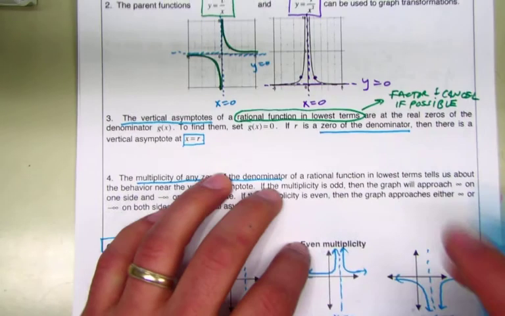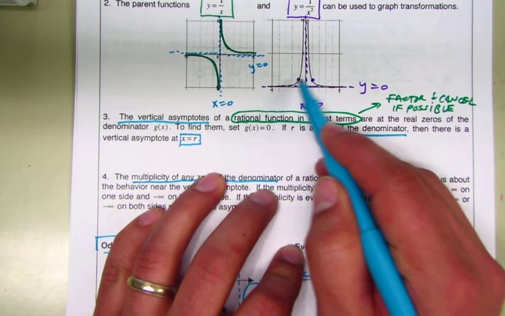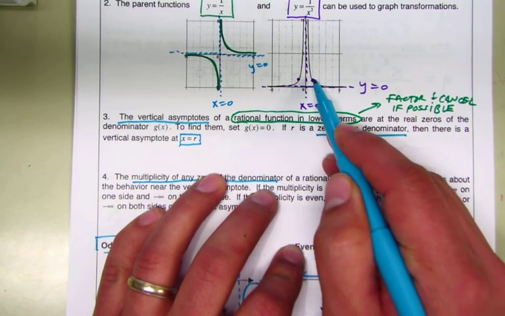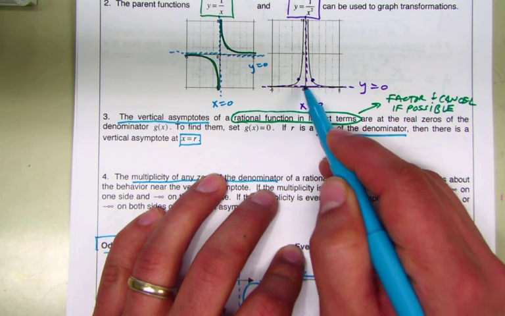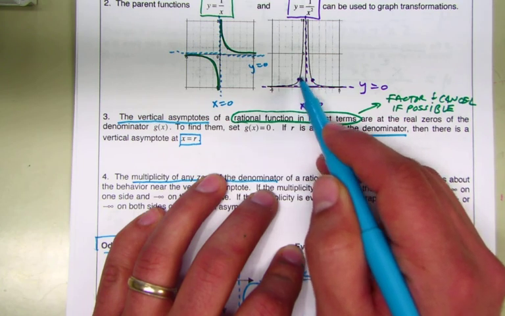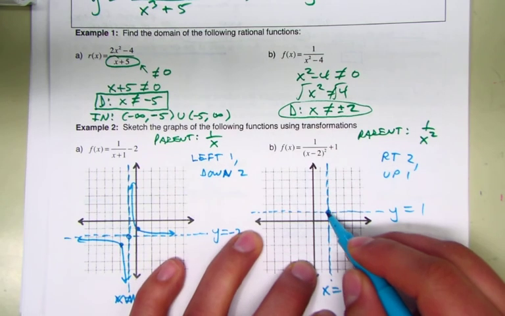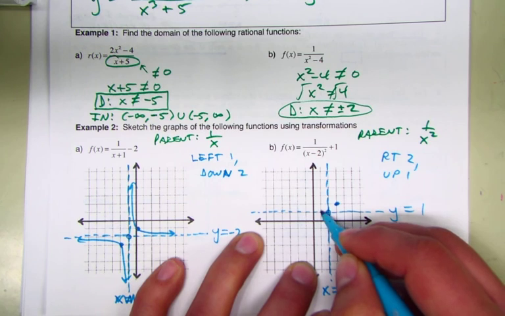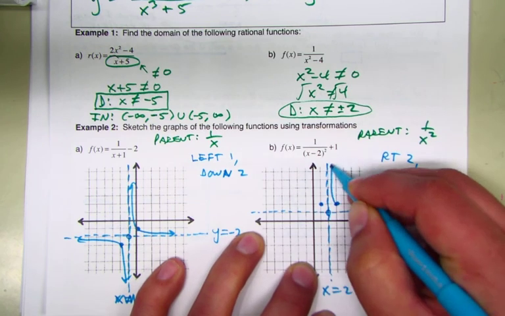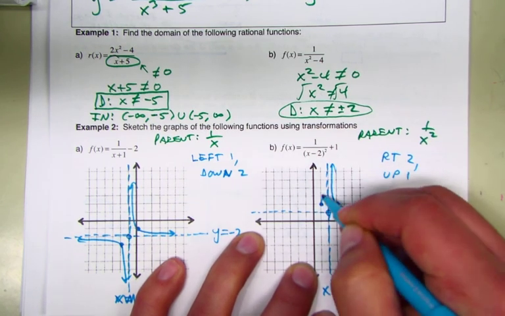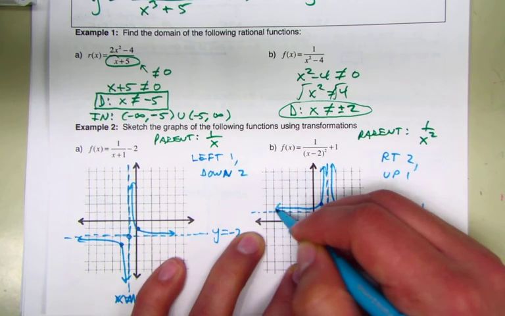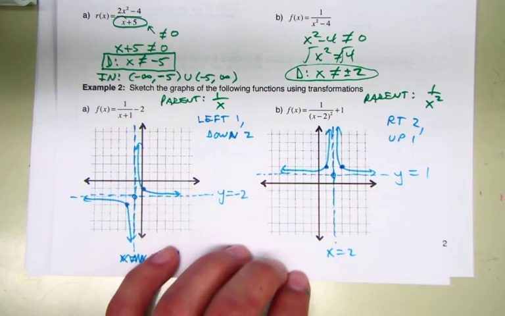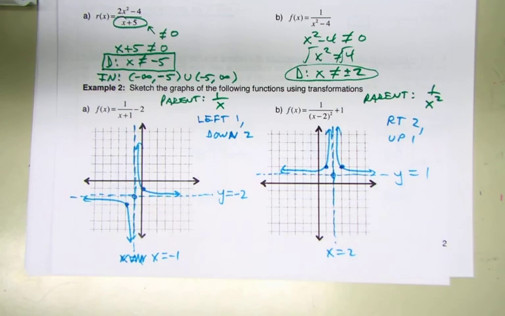Until you get really comfortable with it, what points are on the graph here? 1, 1, and negative 1, 1. So go right 1 and up 1, just copy the graph. Left 1 and up 1, and you're done. Any questions on that?